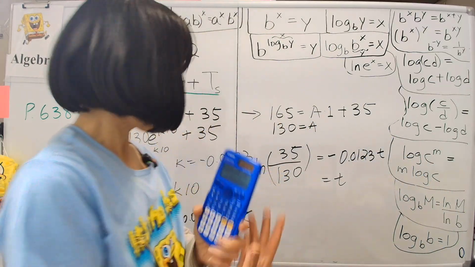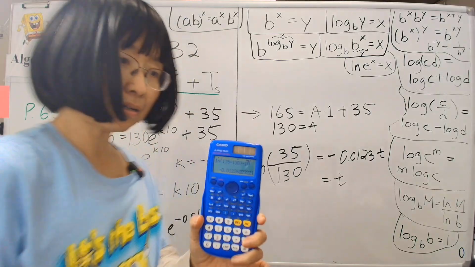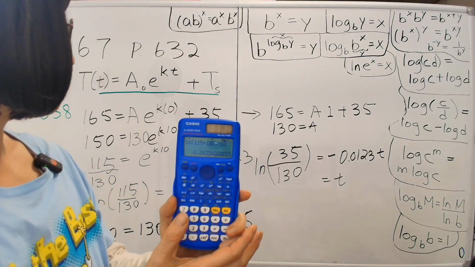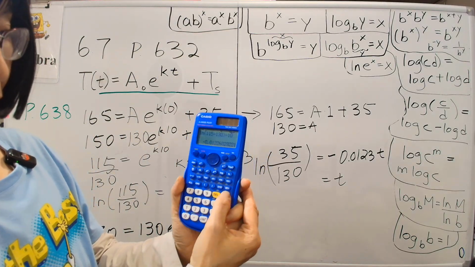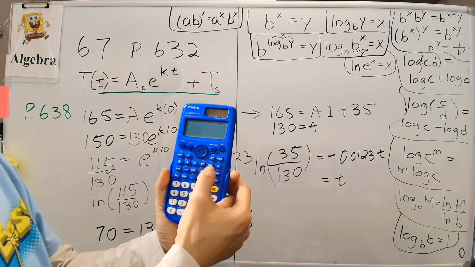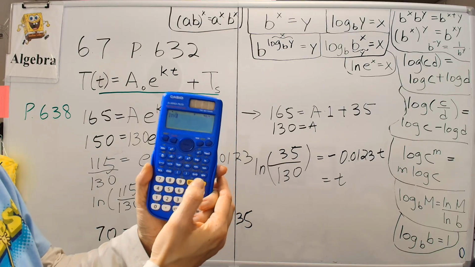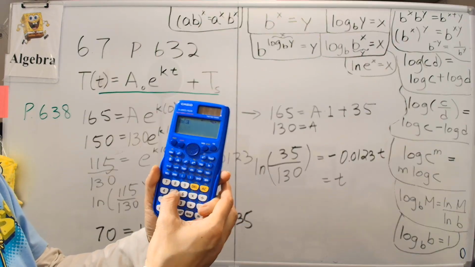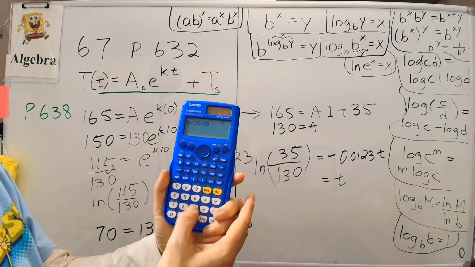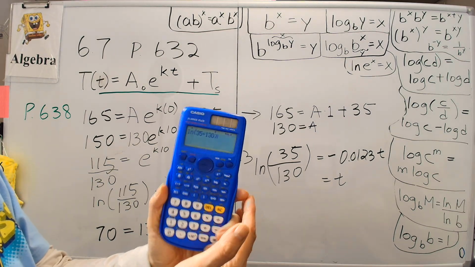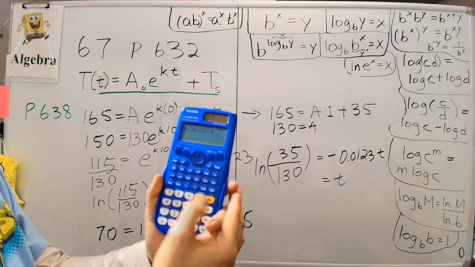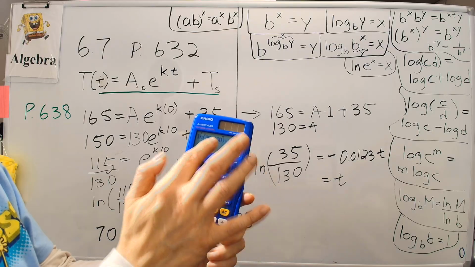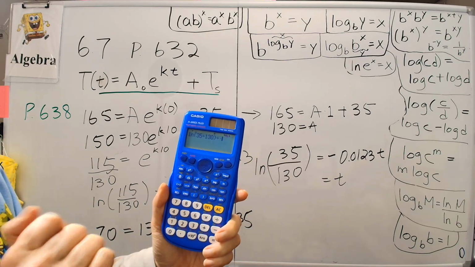Let me clear this out. All right, we have the natural log of 35 divided by 130, close parentheses, and then divided by the negative. My calculator has a negative sign that's different from the minus sign.